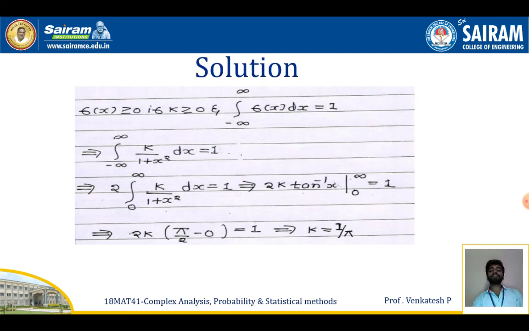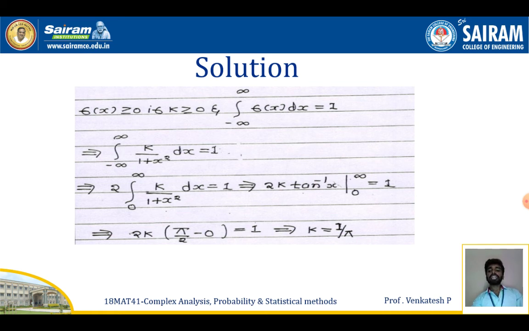Since the function is a probability density function, it has to satisfy a few conditions. The first condition is that f of x should be positive, which holds only if k is positive, and the integral from minus infinity to plus infinity of f of x dx will be equal to 1. Replacing f of x in the formula, we get the integral from minus infinity to plus infinity of k divided by 1 plus x square dx equal to 1.